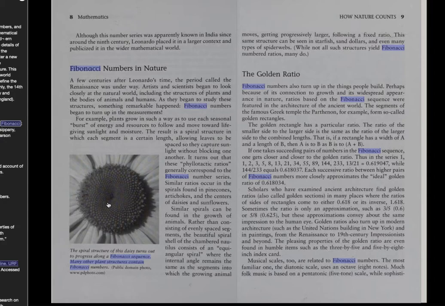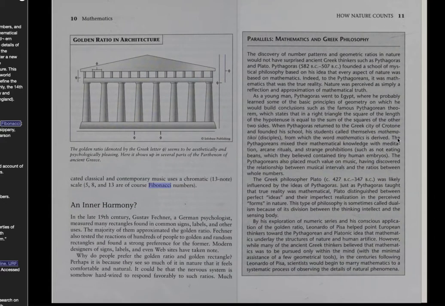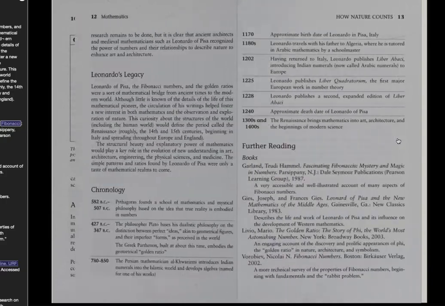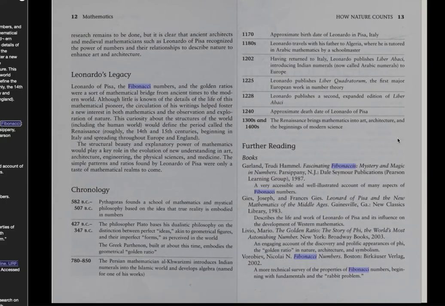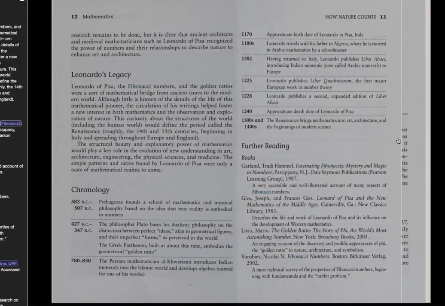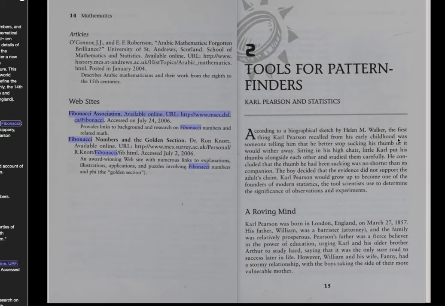Shells, let's see, pine cones, sunflowers, they all grow according to the Fibonacci spiral. So the Fibonacci spiral is an example in mathematics of how things are in nature. Okay, human action is according to the Fibonacci spiral.